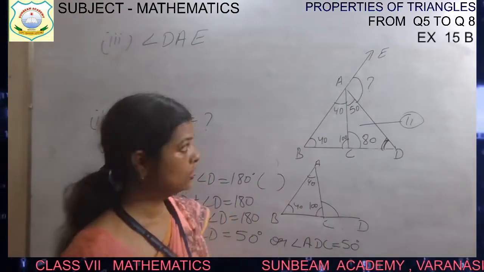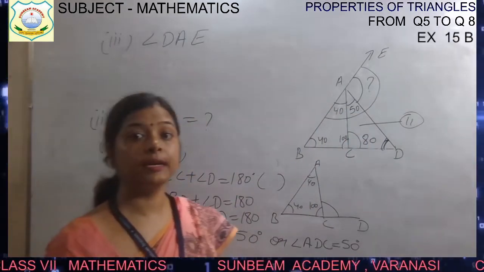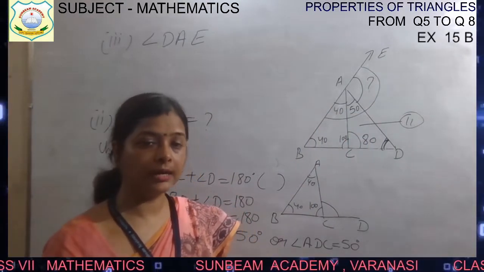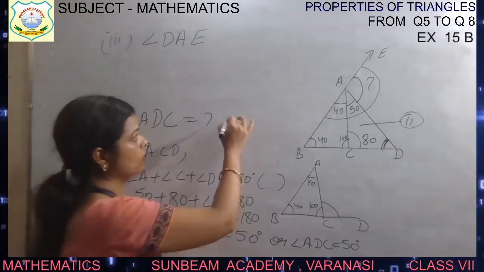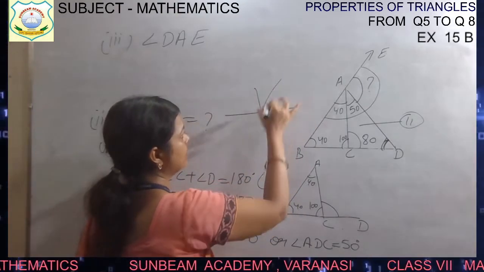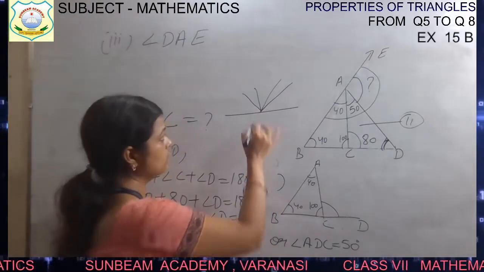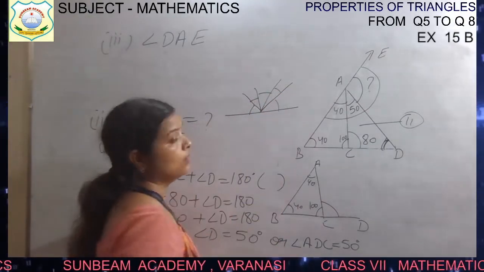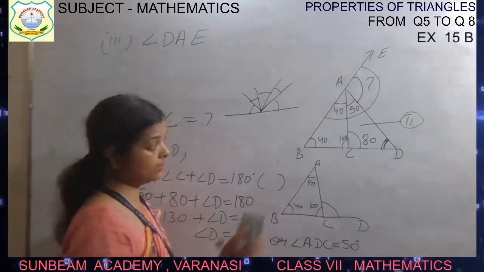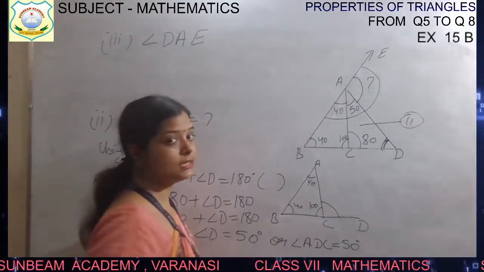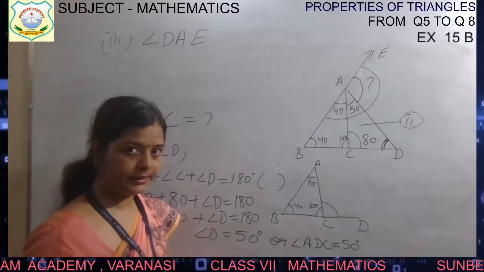Now you can see this: angles drawn on a straight line on one side, their sum will be equal to 180 degrees. Whatever angles you draw on a straight line on one side, their sum will be 180 degrees. And you will not write linear pair, it's not a linear pair. It is angles drawn on a straight line on one side. Its sum is equal to 180 degrees.